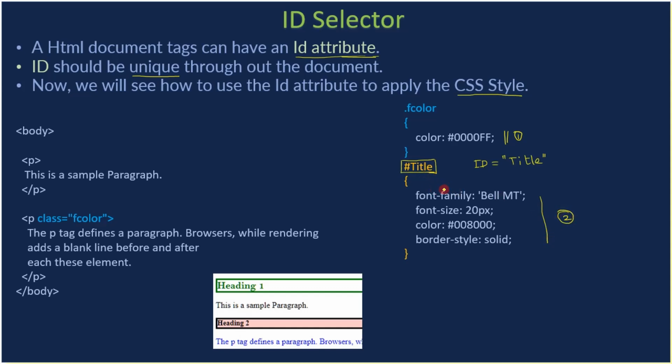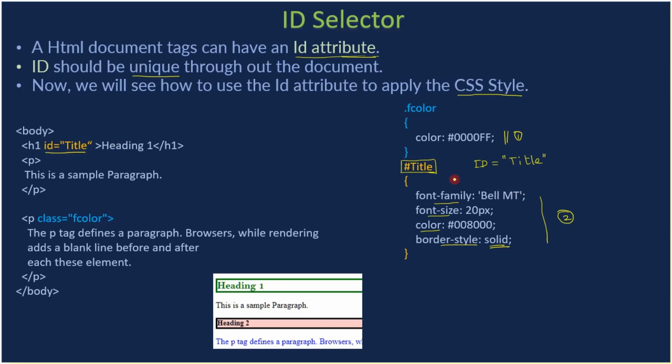For this title ID, we specify font family as Bell MT. Font size is 20 pixel. We assign a color and here we are using a border style as well, a solid border. So for the h1 tag, we specify the attribute ID equal to title.